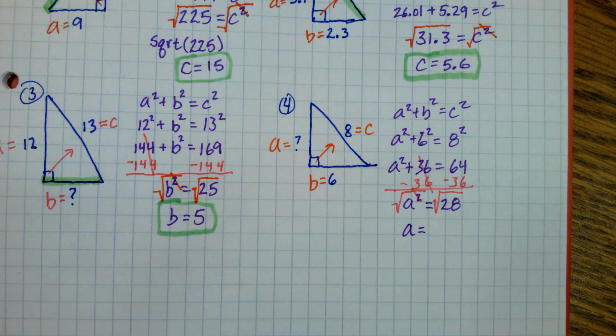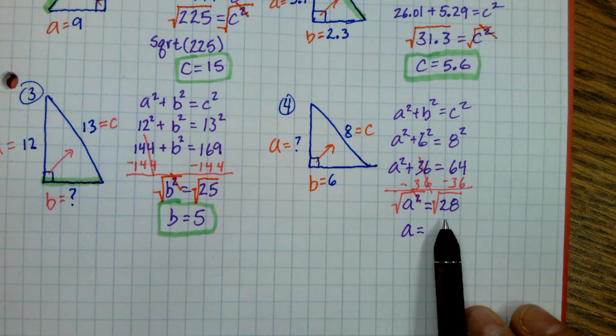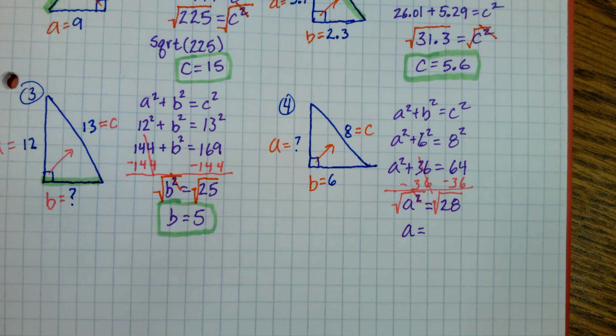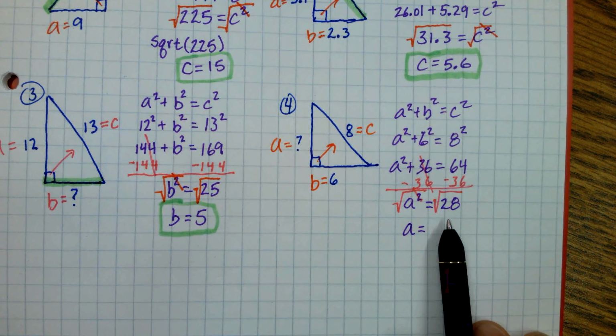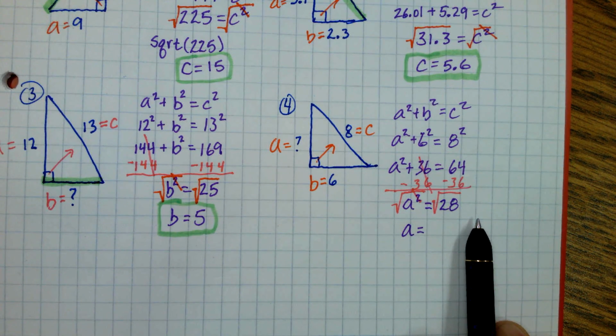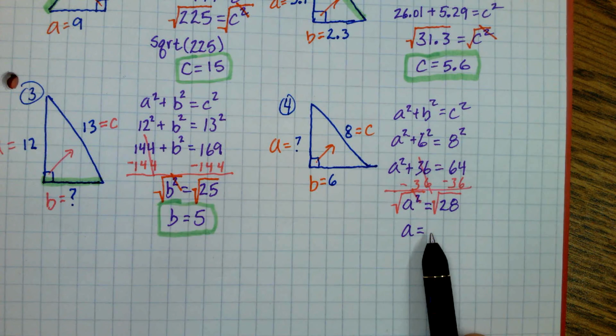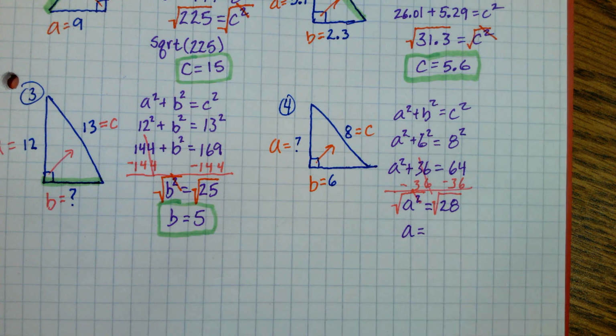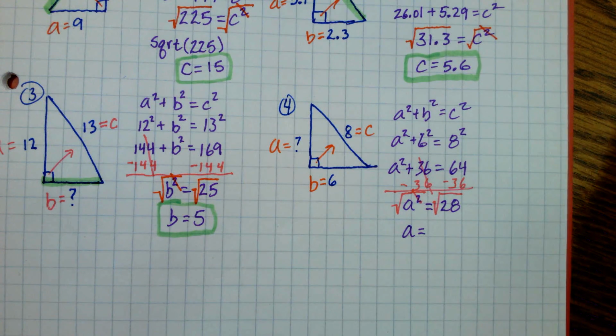At least I know it's between 5 and 6, right? It's between 25 and 36. The two perfect square numbers 28's between are 25 and 36. So that means my answer is between 5 and 6. And it's probably a little closer to 5. So maybe like 5.4, 5.3, 5.2.